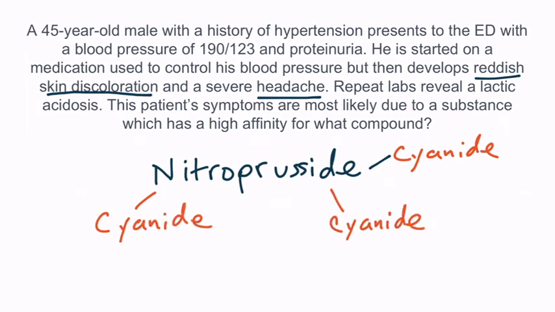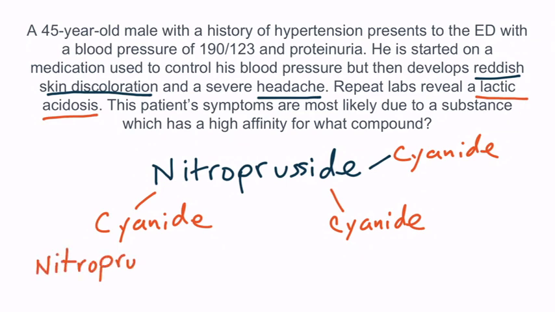As we just discussed, cyanide has a high affinity for the iron in the 3+ state, which means it preferentially binds cytochrome C oxidase in the electron transport chain. This halts aerobic metabolism and promotes the formation of lactate via anaerobic metabolism. This explains the patient's development of a lactic acidosis.